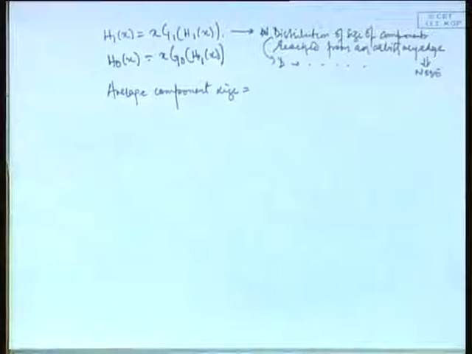So, what will be the average component size when I pick up a random node? The expected value of the size. Tell me, if I am given a generating function, how do I find the average? Differential at 1. Yeah.